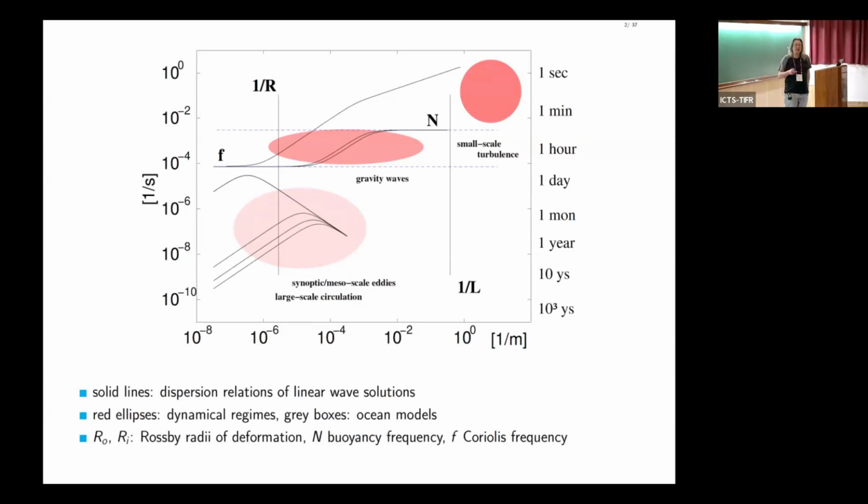And the other aspect is models. We have ocean models, part of climate models to predict the future climate. That's of course very important. But you all know that the resources in computers are restricted, so you cannot cover all this domain here. Maybe you want to cover this part because that's interesting for climate, the large scales and the long time scales, right?